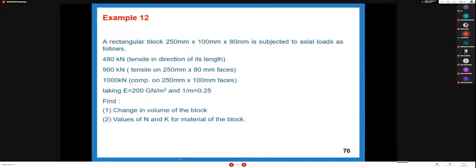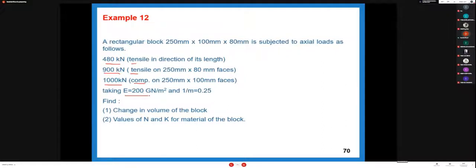Now see the next example. Here a rectangular block of 250 by 100 by 80 mm is subjected to an axial load as follows: 480 tensile, 900 tensile, 1000 compressive. Okay.